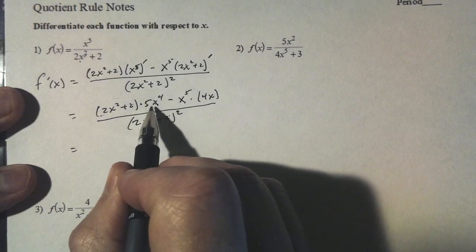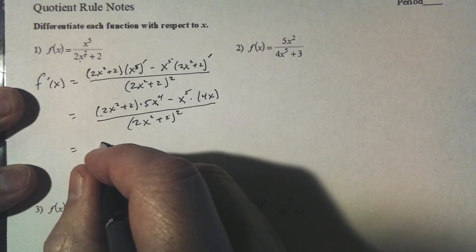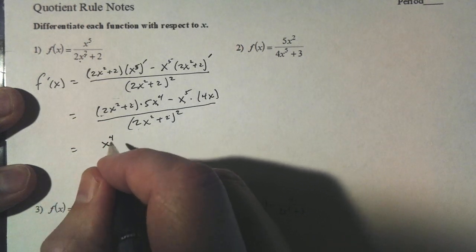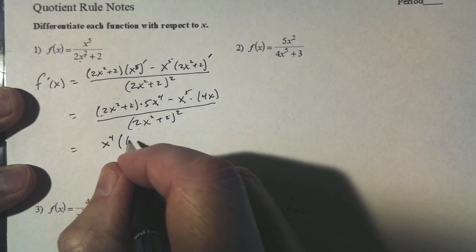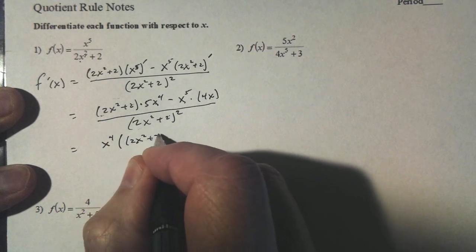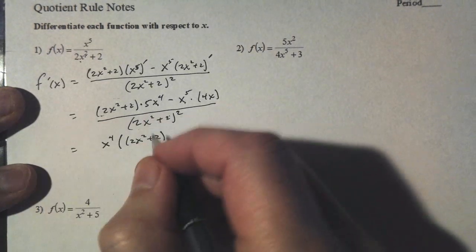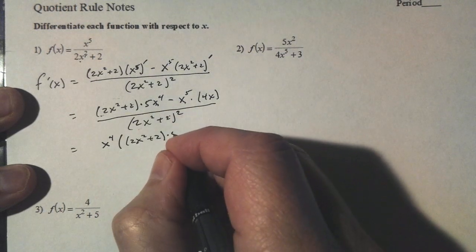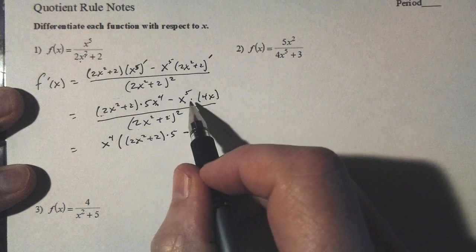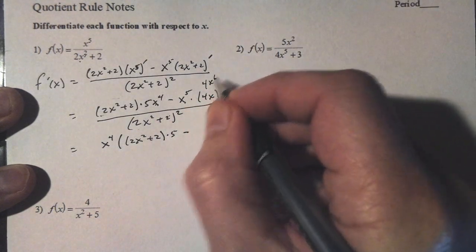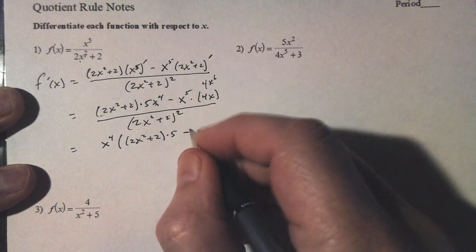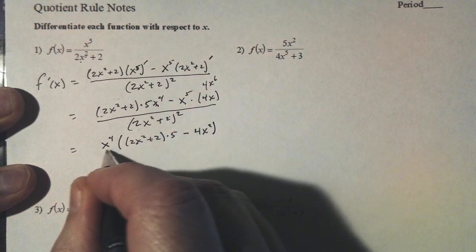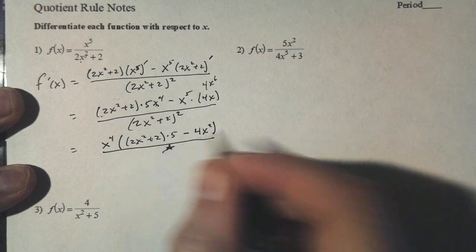I'm going to take out an x to the fourth, and I get x to the fourth times the 2x squared plus 2 times 5, minus 4x to the sixth. When I take out x to the fourth, I've still got 4x squared, all over the star.